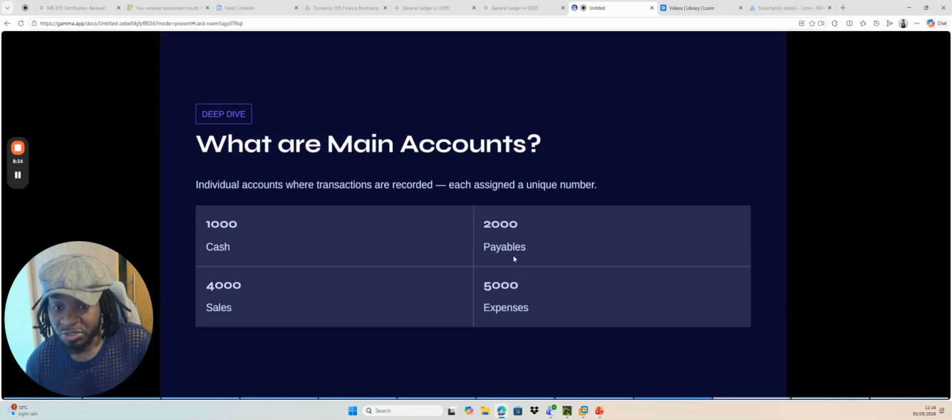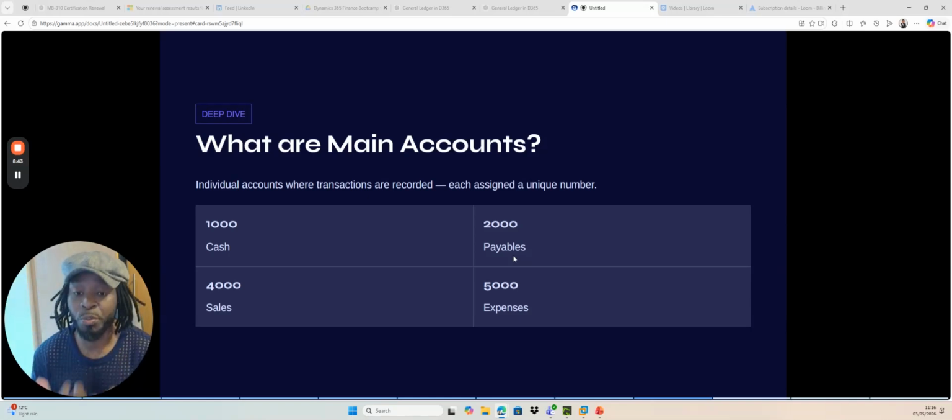All liabilities will range from 2,000 to 2,999. All incomes will range from 4,000 to 4,999. 5,000 to 5,999 for expenses. These are just ranges that you've created.